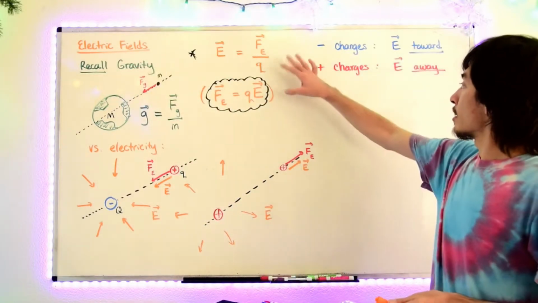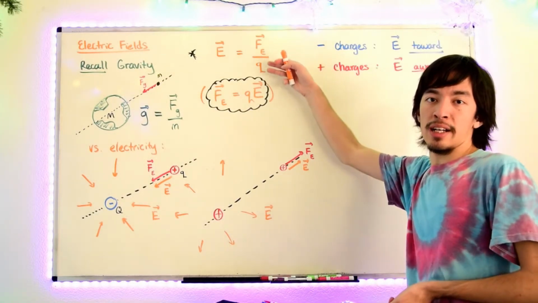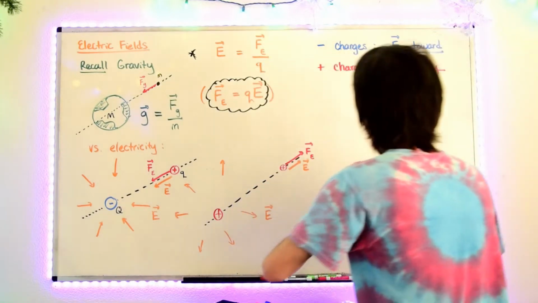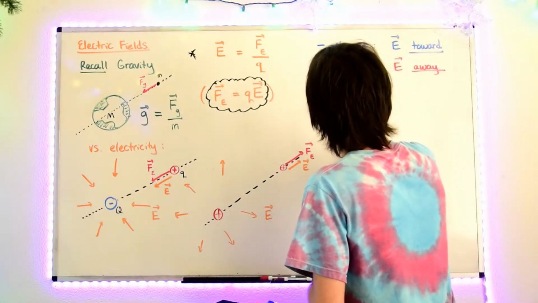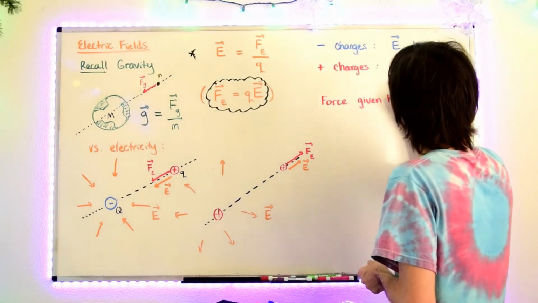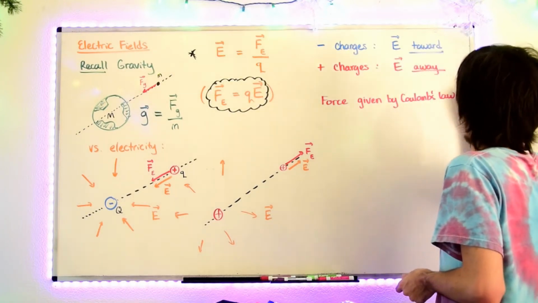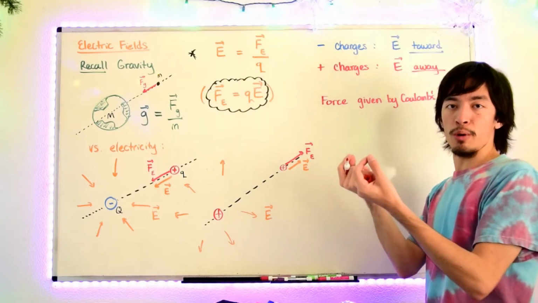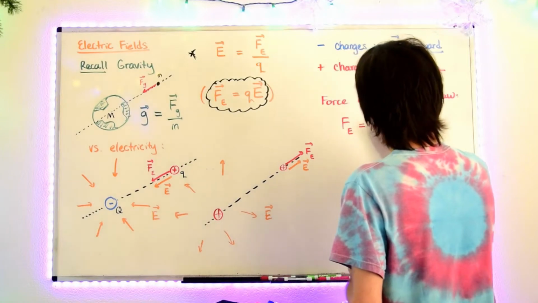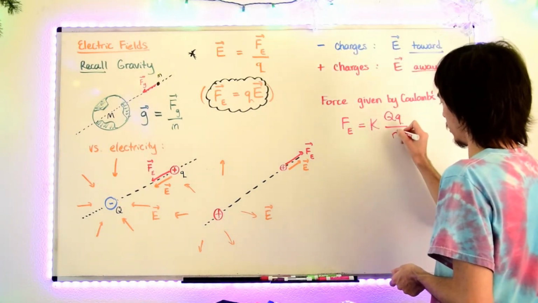According to this equation for the electric field, if it's just the force divided by some test charge, the force is given by Coulomb's law. This force is the force between two point charges. So the electric force would be K, capital Q, lowercase q, over r squared.